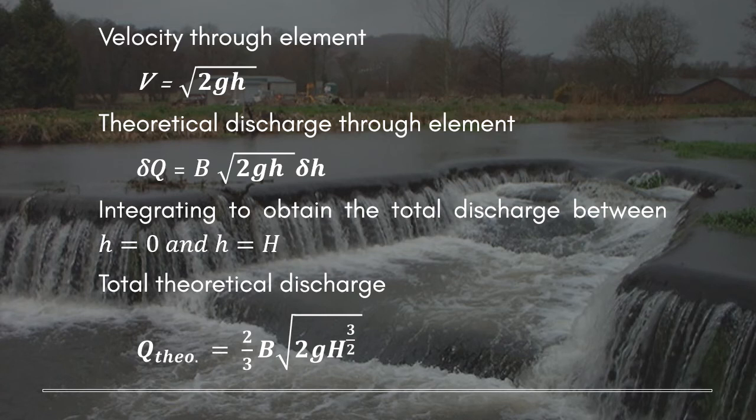The theoretical discharge through the element will then be b multiplied by the square root of 2gh multiplied by delta h. Now integrating this to obtain the total discharge between h equal to 0 and h equal to capital H, the total theoretical discharge will be as shown on your screen.